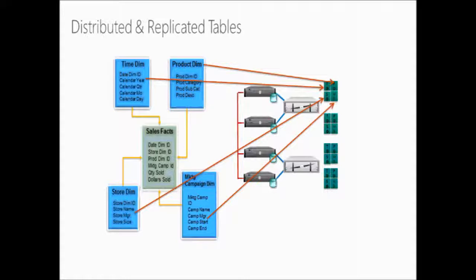In PDW, we have two kinds of table concepts. We have distributed tables and we have replicated tables. If you think of a data warehouse implementation, you have lookup tables, which we call dimension tables. Typically these tables are used in the joins of almost all queries, because they are lookup tables and you have to present the product name instead of product ID, those kinds of things.